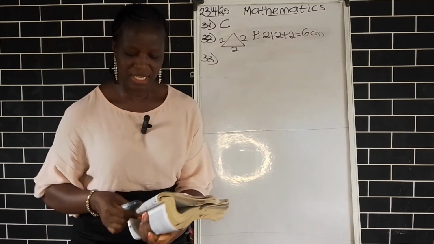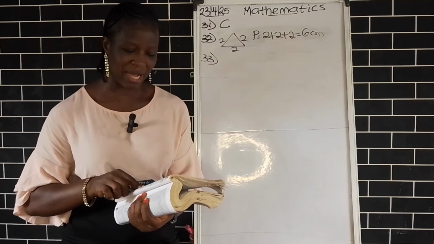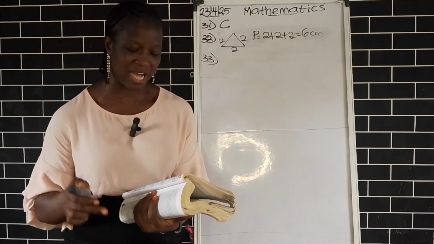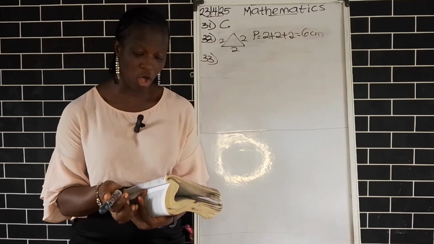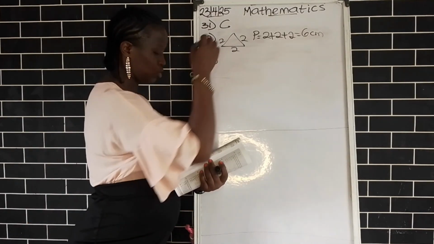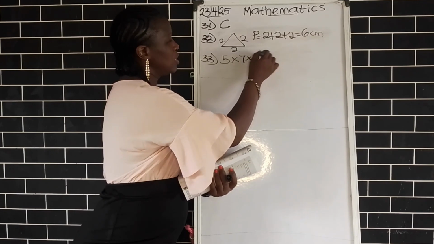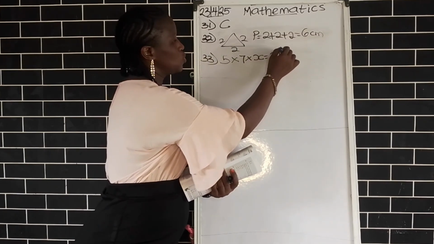Number 33 says, the product of 3 numbers is 210. If 2 of the numbers are 5 and 7, what is the third number? Very cheap question. 2 have been given, 5 and 7. The third is unknown, but the product is 210.